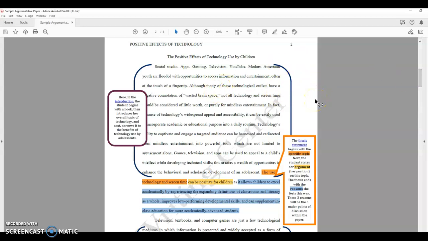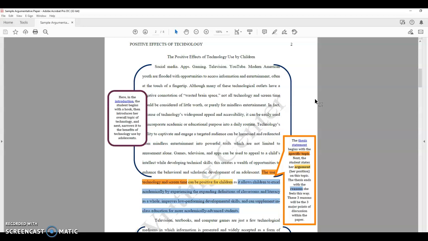Okay, now that you're back, let's look at the ingredients here. She begins with a hook. She begins by naming typical things that children or young people do using technology. She gives us an interesting background discussion, and then she ends this paragraph, this introduction, with a very nice, clear thesis statement.